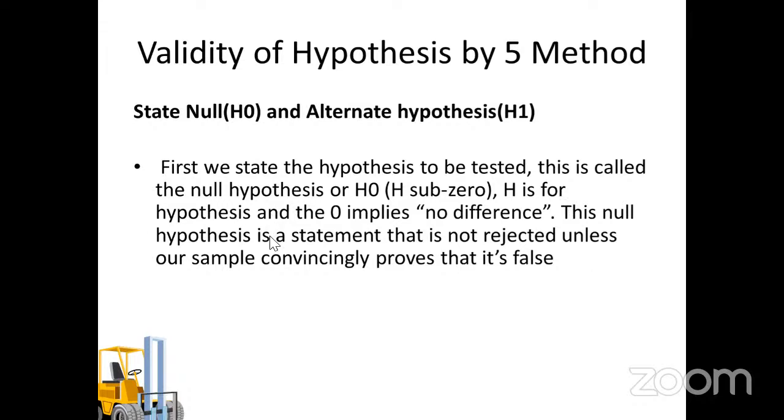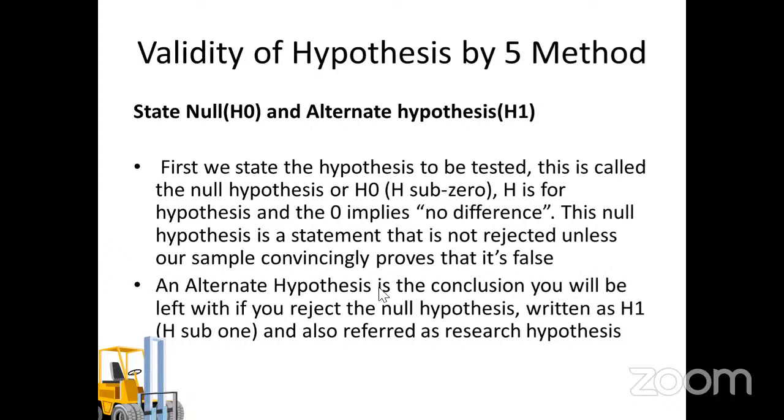H is for hypothesis and 0 implies no difference, just like what I explained before in the case of Gerald. This null hypothesis is a statement that is not rejected unless our sample convincingly proves that it is false.